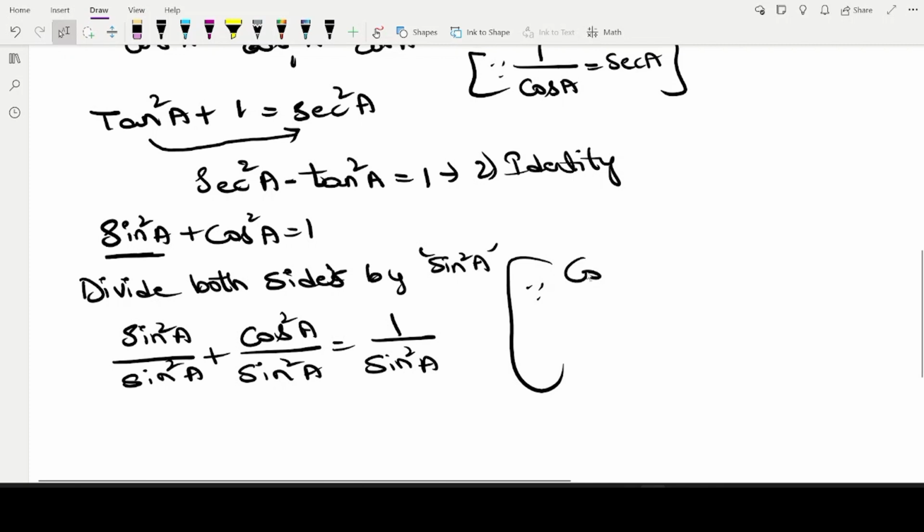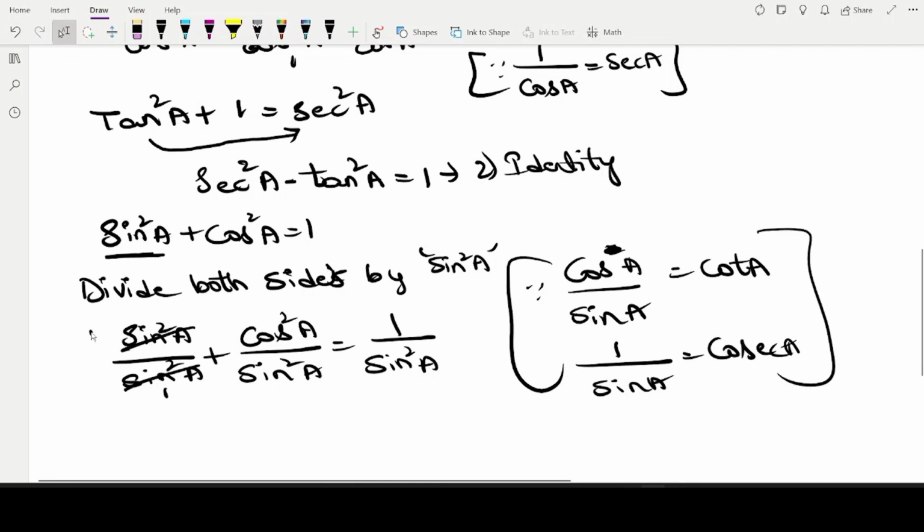We know that cos A divided by sin A is cot A, and 1 by sin A is cosecant A. Both sin²A get cancelled.